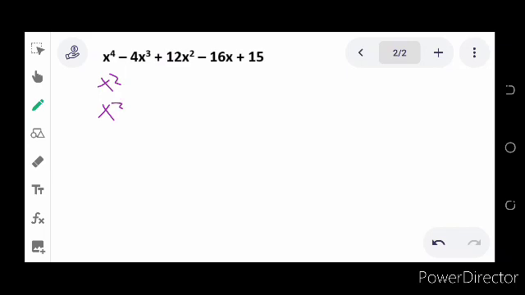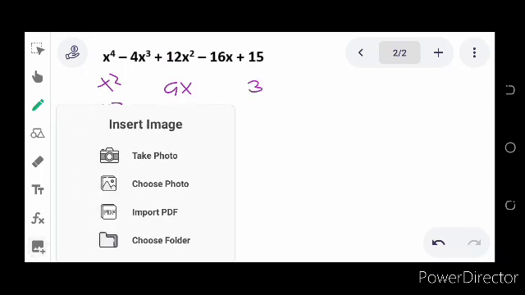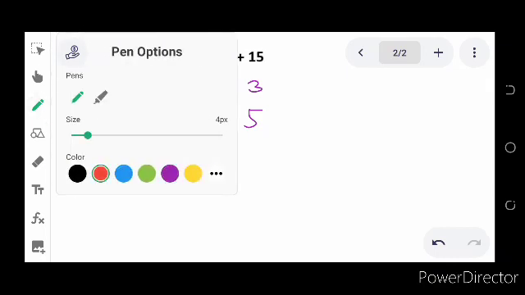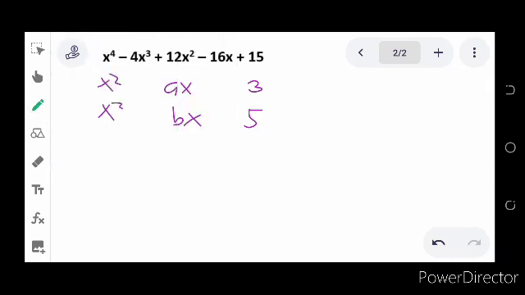And then for the 12x squared, you have ax, bx. And then factors of 15, there are several factors of 15. Do trial and error. Probably we could try 3 and 5. But if this does not work, then we need to change the arrangement of the factors, or probably change all the factors. Next, let's do the double cross.